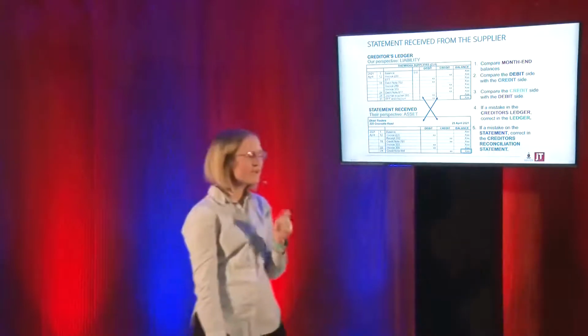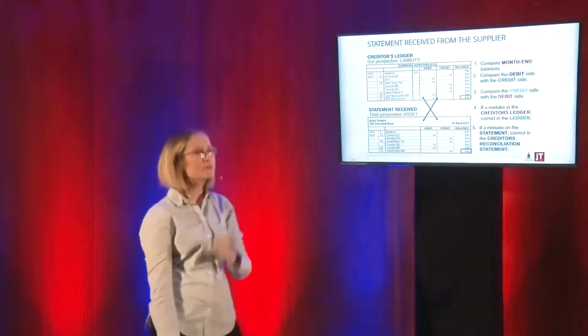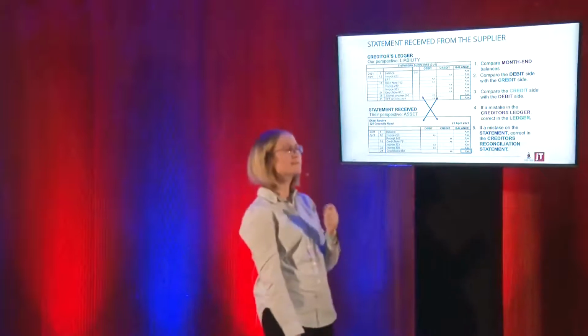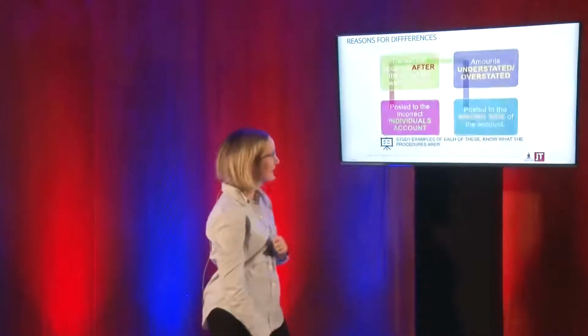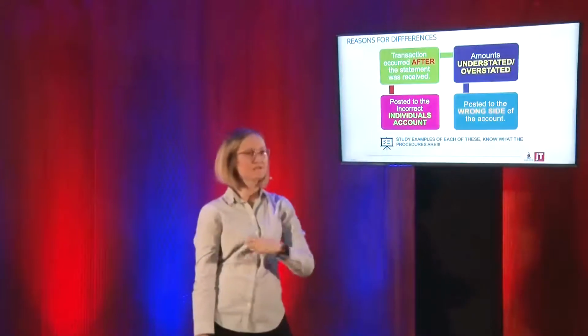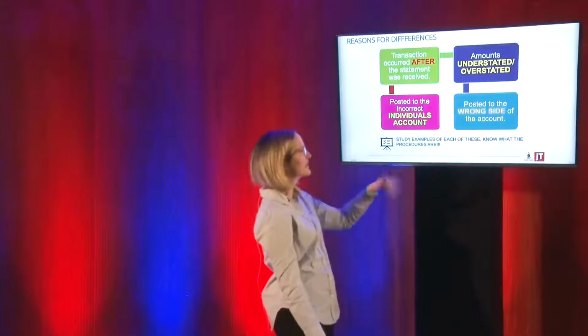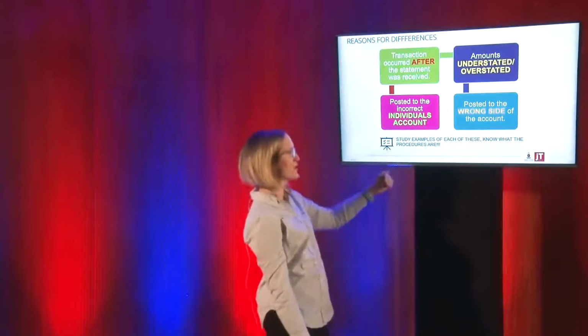This is very important to remember, because when we complete the debtors and creditors reconciliation, it is from their perspective. Again, this is a checklist with some reasons why there are differences. Make sure that this is what you study, and do an example of each one.